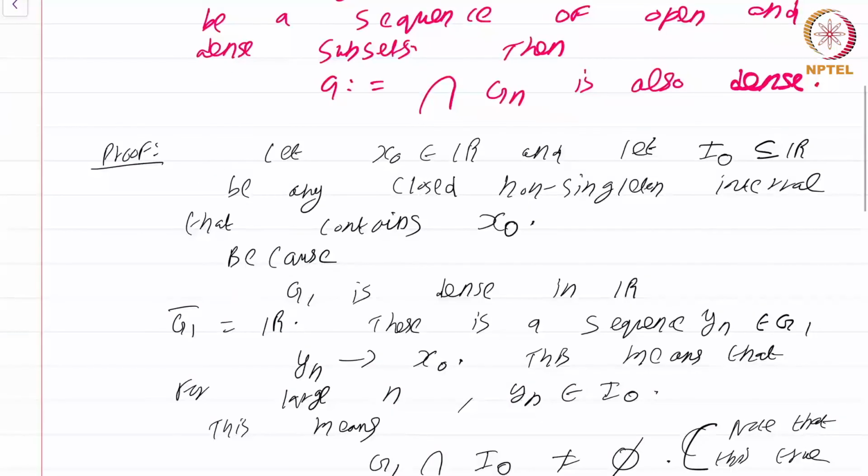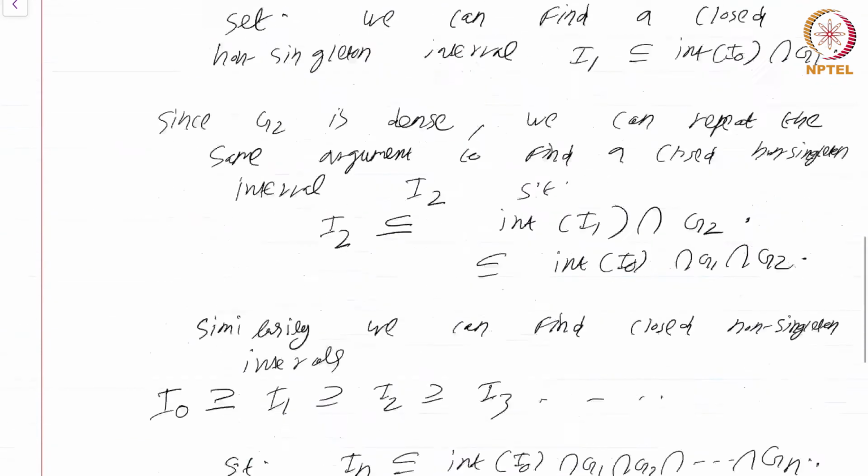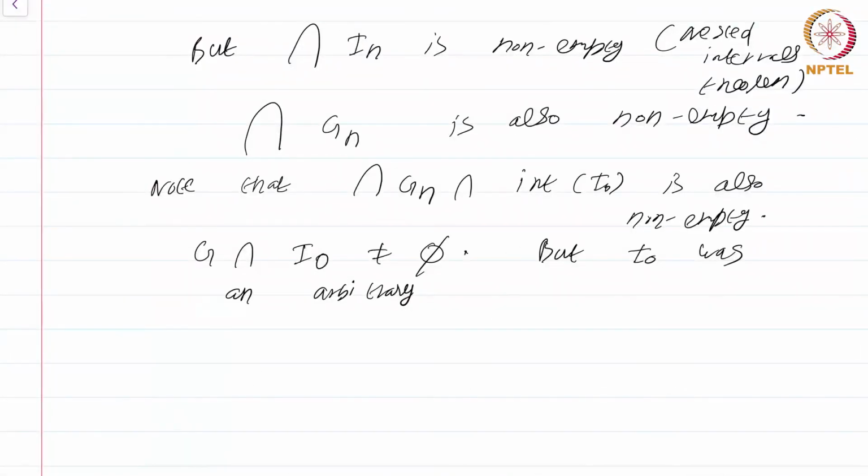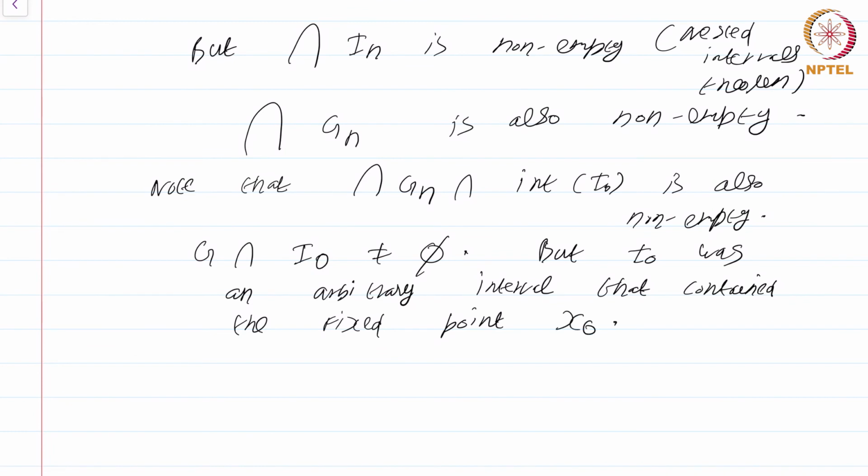I just said let x0 be in R and let I0, subset of R, be any closed non-singleton interval that contains x0. That's it. So I0 was an arbitrary interval that contained the fixed point x0. Now what does this show us? This shows that no matter what point x0 you take and whatever small interval around that point you take, there is an element of G that is in that interval.